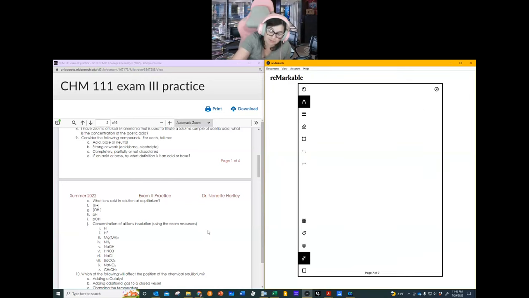So let's talk about NH3. My NH3 is a base. It is a weak base. And I'm just going to write B/E, so weak base / electrolyte, or weak A is going to be acid / electrolyte.